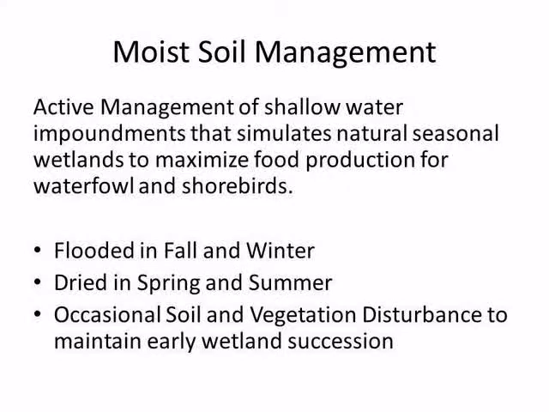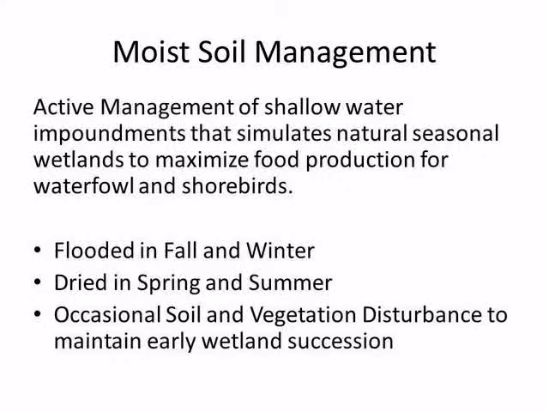So what we want to strive for is active management. And there's a technique called moist soil management, which we've been talking about. Moist soil management is an active management of shallow water impoundments, and it simulates natural seasonal wetlands on the floodplain or on the augmentation ponds or whatnot.